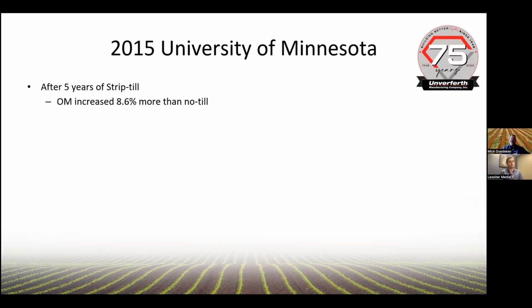The reason we see it grow faster is that in strip till we're basically tilling 1/3 of the field, as in the picture behind me, and we're leaving that residue in between those strips. And if we have residue from the previous crop, regardless of what strip till machine you're using, you're going to get some soil that spills over and escapes out of the strip. It may be a little bit, it may be a lot, depending on the machine, and it sprinkles itself in the center of those strips.